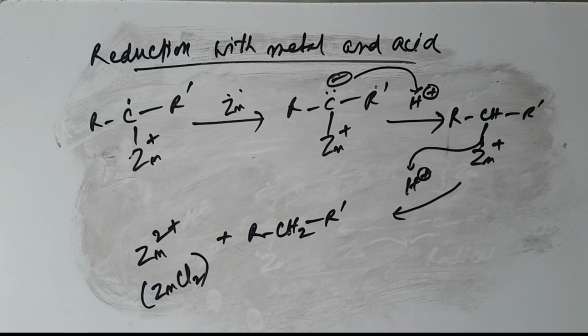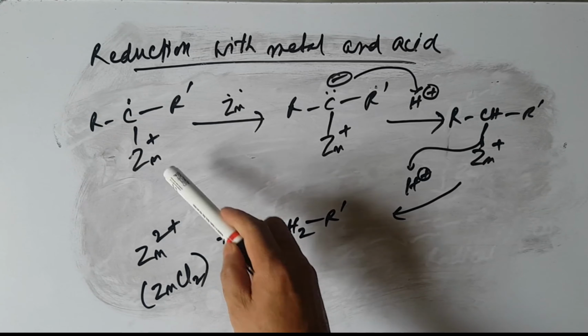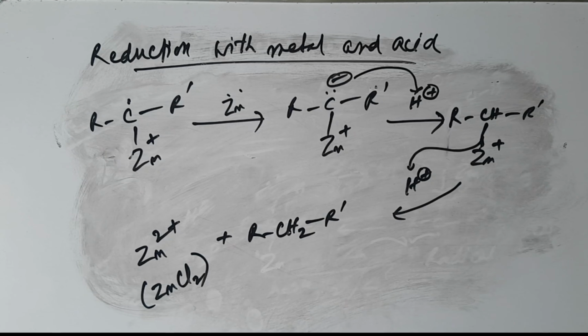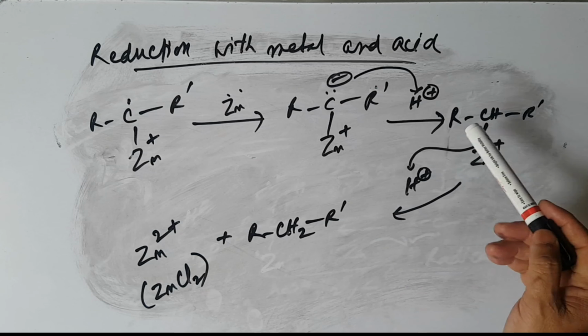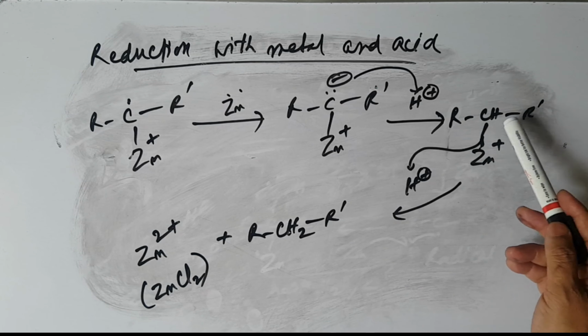Generally carbonyl groups are reduced by this metal. I'm repeating this mechanism again. First, the ketone is protonated, and then zinc transfers an electron, and a radical is obtained. Then another electron comes to get the carbanion. This carbanion picks up the proton, so you get another intermediate.